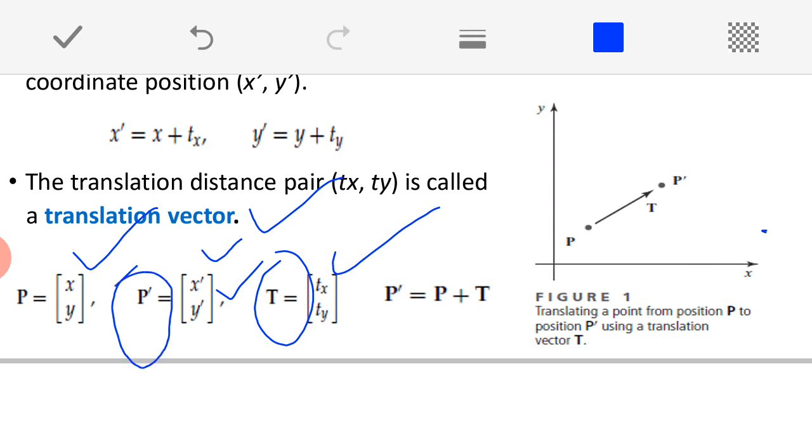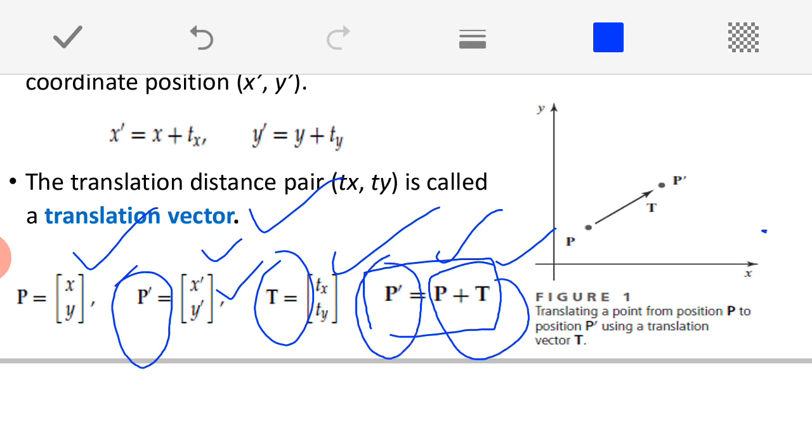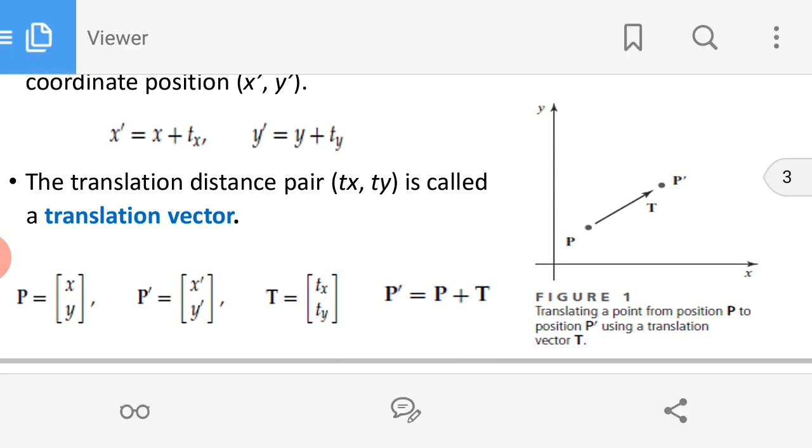So, how can I write the equation in terms of matrices? P is my point with the x comma y matrix, T is my translation factors with Tx and Ty. When I add these two matrices, I get P dash with x dash comma y dash in another matrix. This is the matrix representation for translation.